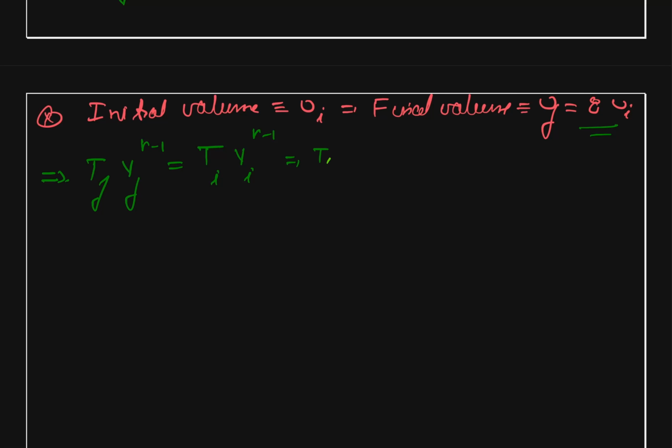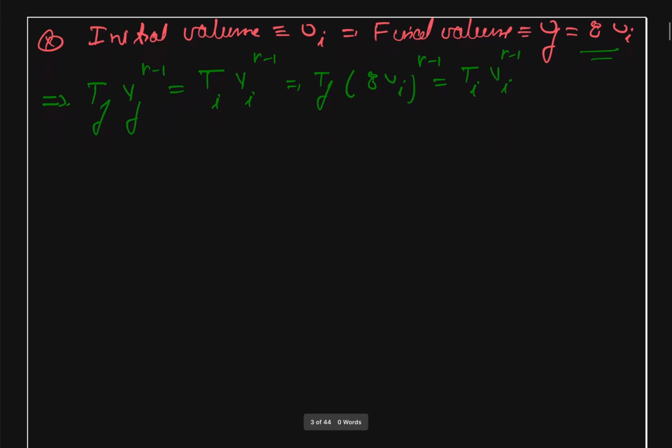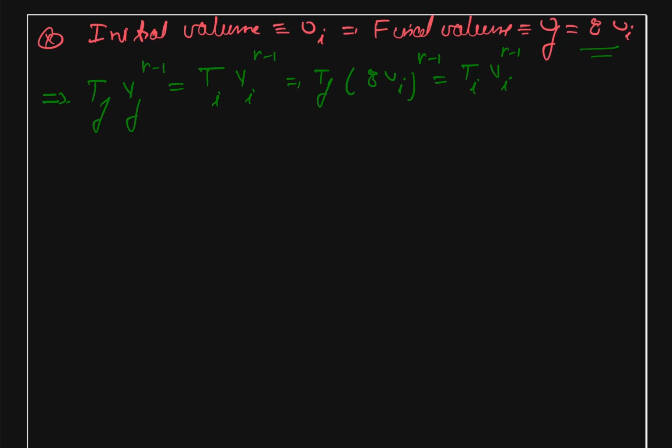So we get T final times 8 V initial raised to gamma minus 1 is equal to T initial V initial gamma minus 1. So this V initial cancels out.